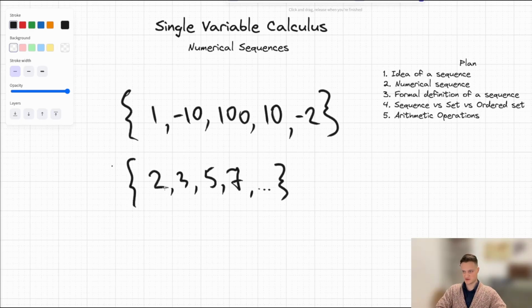So 2 is divisible only by 1 and 2, 3 is divisible only by 1 and 3, and so forth. For example, the number 4 is divisible by 1, by 2, and by 4. So this is not a prime number, so that's why it's not considered as a part of this sequence.